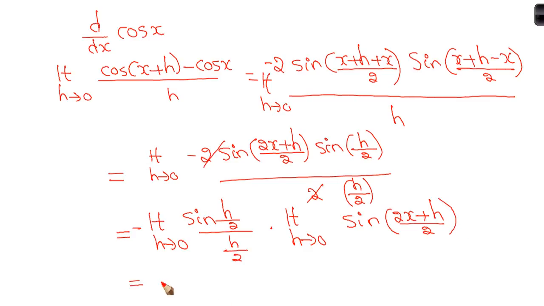So we know this is 1, minus 1 into, just replace h with 0, I get sin of (2x plus 0) by 2, that is the same as sin of 2x by 2. The 2 and 2 get cancelled here, so I am left with minus sin x. So the next formula is the derivative of cos x is minus sin x.